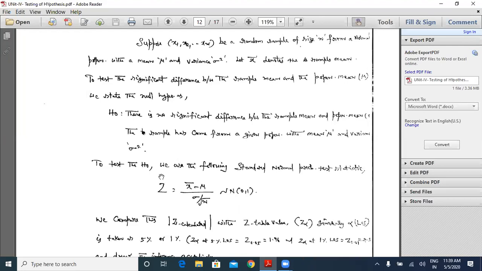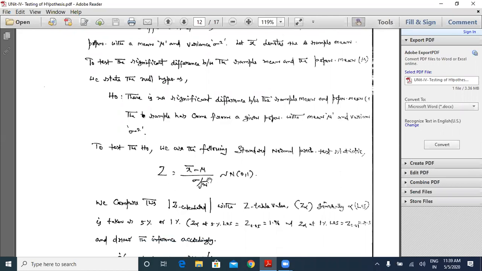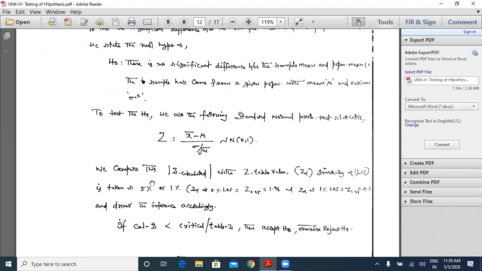To test the H naught, we use the following standard normal test statistic. Z is equal to x bar minus mu divided by standard error of x bar, which is sigma by root n. Now you compare the calculated Z value with the table value at 5% or 1%.